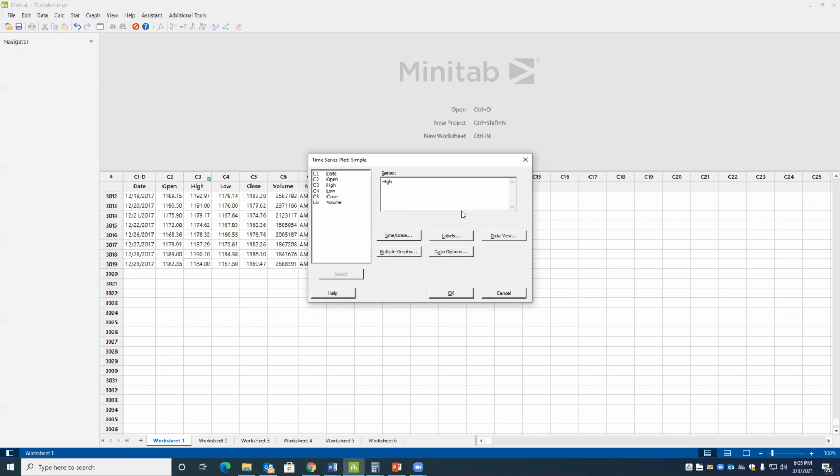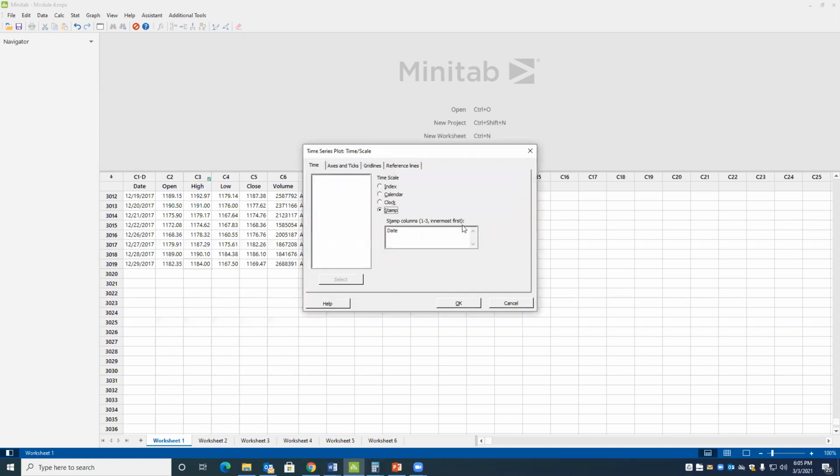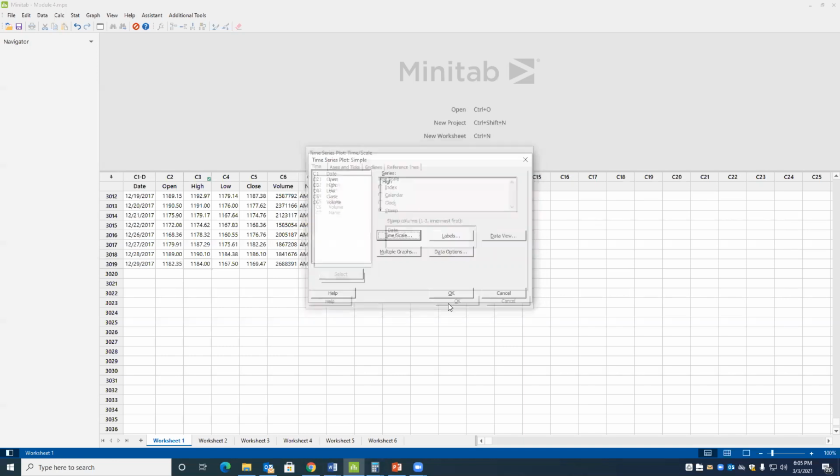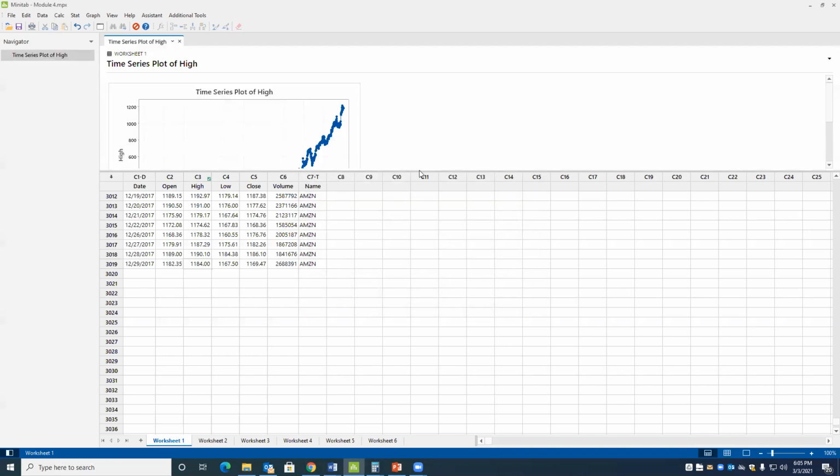Once I use the high value, I go under this. Here we have options for what you need to plot. You have index, a lot of things. I would like to use a stamp, which is date.